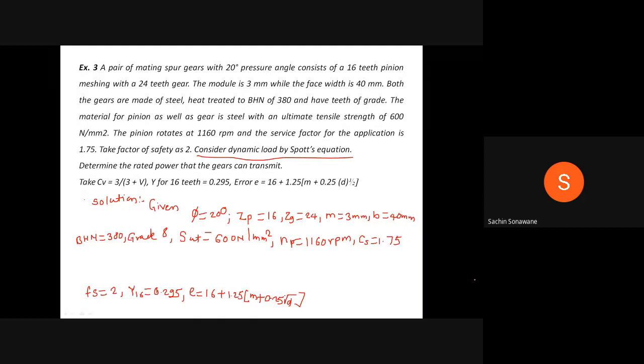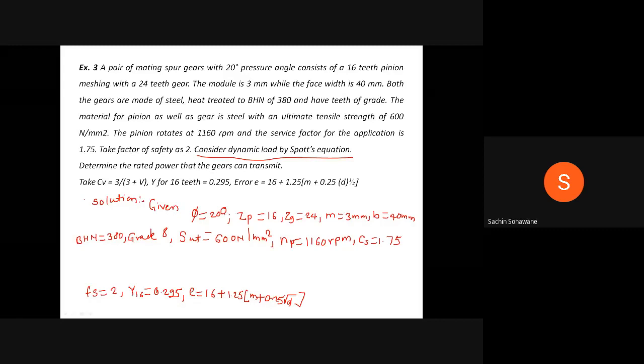Okay, write down the given data whatever I have written. Solution. Given pressure angle phi is equal to 20 degree, ZP is equal to 16, ZG is equal to 24, module M is equal to 3 mm, face width B is equal to 40 mm, BHN that is Brinell hardness number 380, grade 8, SUT is equal to 600 Newton per mm square, speed of pinion NP is equal to 1160 RPM, CS that is service factor 1.75, factor of safety 2, Y for 16 teeth 0.295, and error they have given as 16 plus 1.25 into bracket M plus 0.25 into root D. Therefore, these are the given quantities.